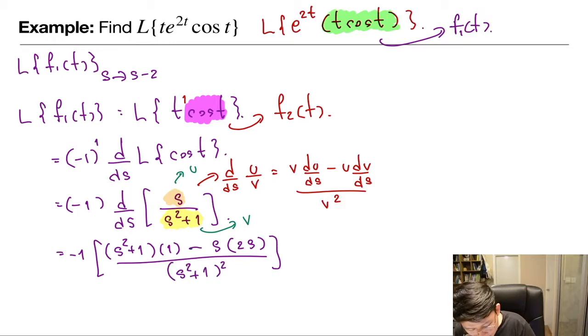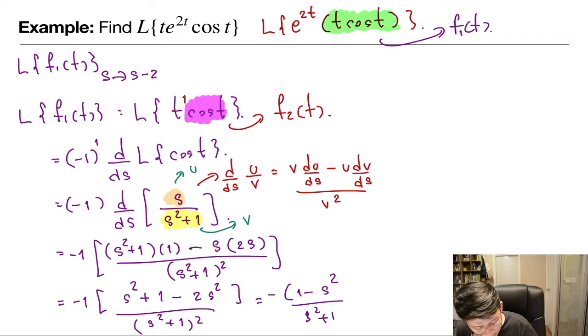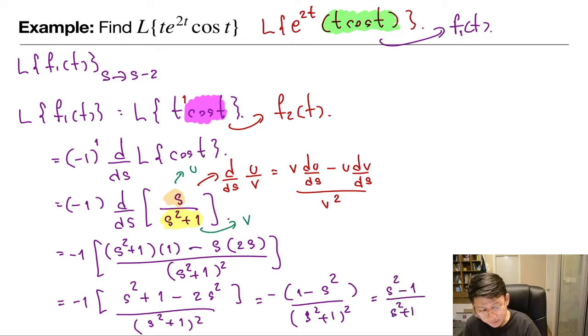So it's going to be 1 times s squared plus 1 minus 2s squared divided by s squared plus 1 squared, and that would be 1 minus s squared divided by s squared plus 1 squared, which with the sign is s squared minus 1 divided by s squared plus 1 squared.